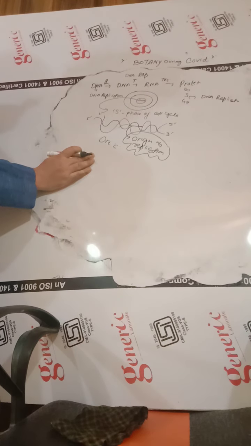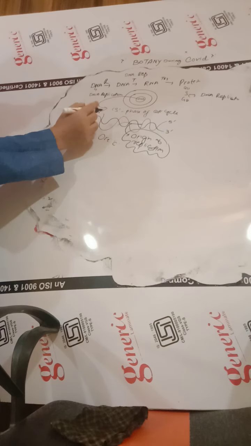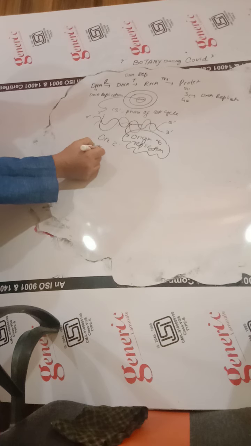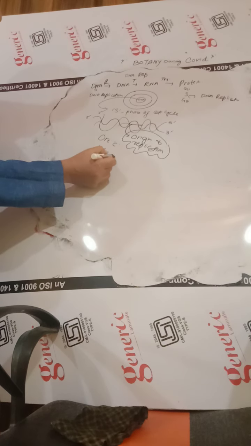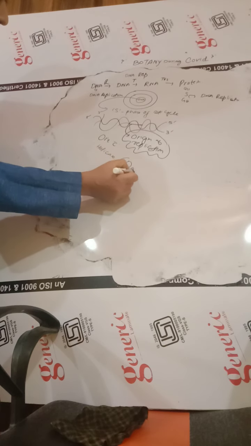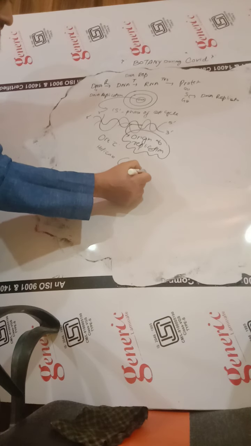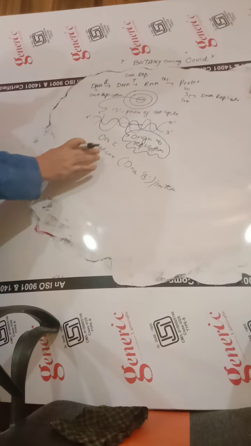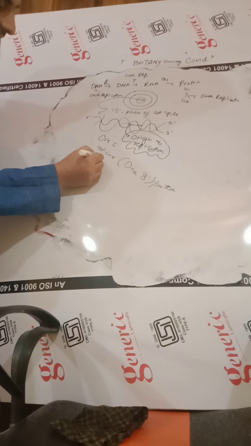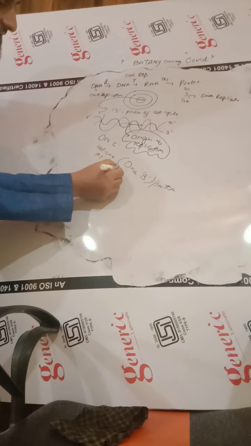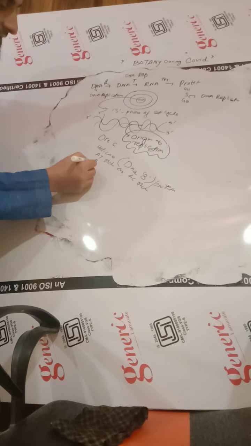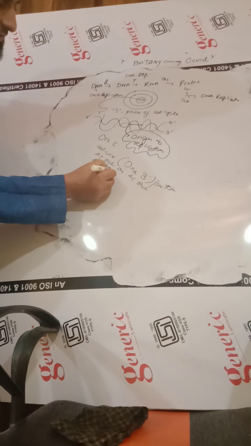When DNA replicates, first of all, its two strands are separated by the enzyme called helicase. This helicase is also called DnaB protein. This helicase attacks the AT rich region as compared to the GC rich region, because there is a double bond between A and T as compared to G and C, which have a triple bond.